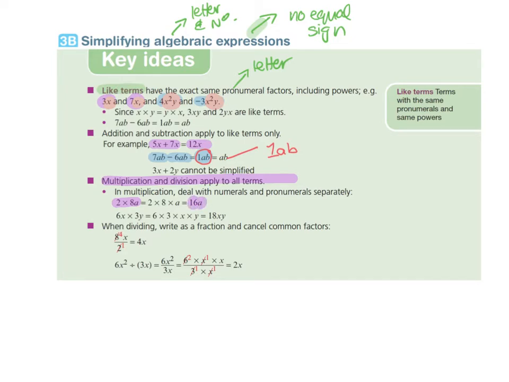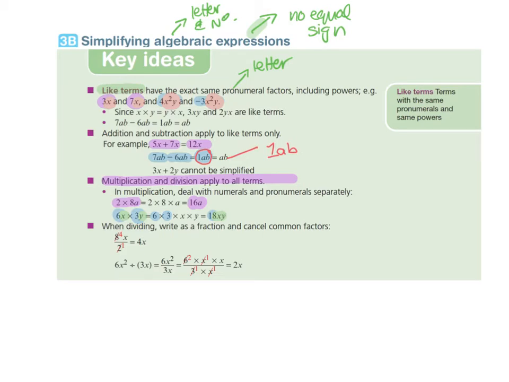In this next one, when they have 6x and 3y, you can see they're multiplying the 6 and the 3, which is 18, and then they're just popping in those x and y into your answer. So the letters just remain there.